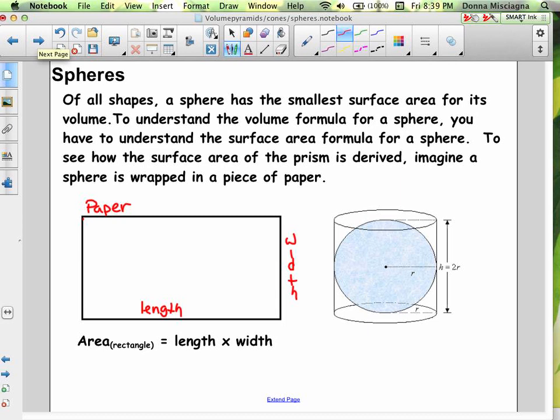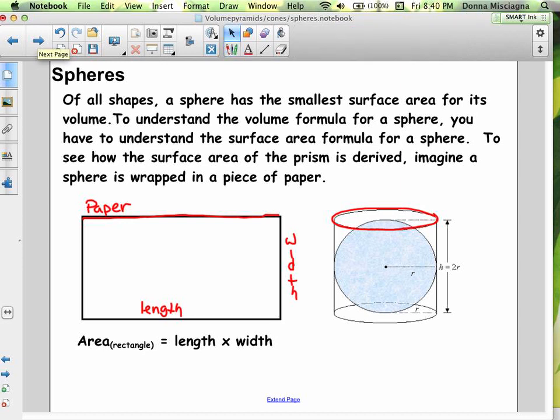Now, the length, and I guess I'll just mark it up here. This length here, the length on the paper that's all stretched out, laid flat, corresponds to this distance here for the piece of paper that's wrapped around the sphere.